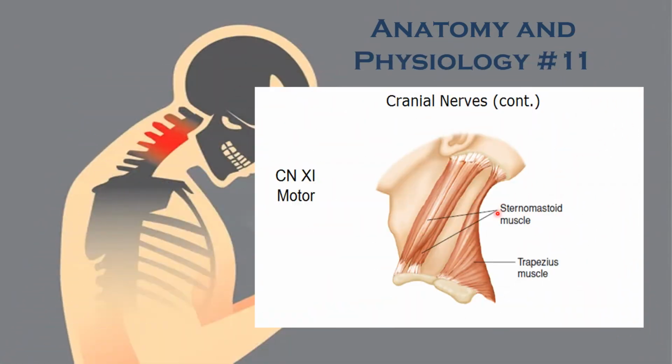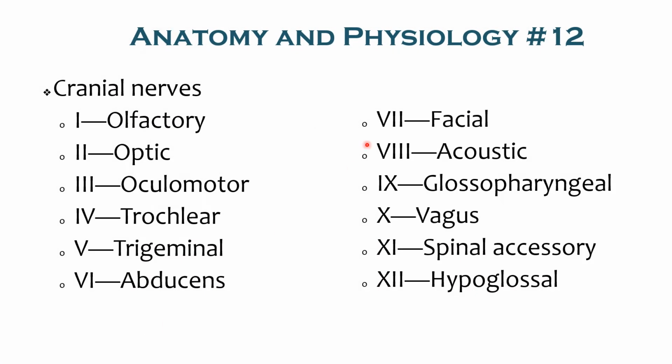And the cranial nerve number 11 is also responsible for the motor activity, particularly of the muscle. So this will be further discussed in the next slide. So these are the 12 cranial nerves, okay?